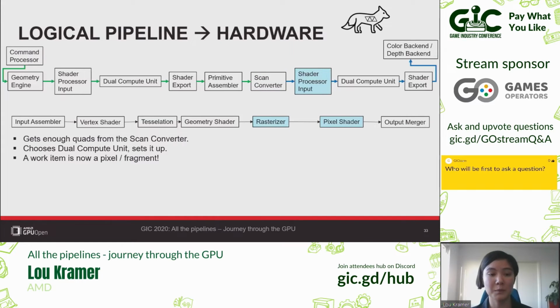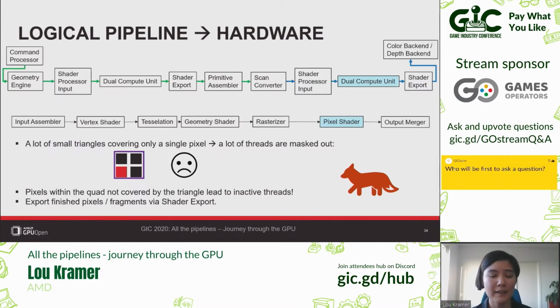So the shader processor input receives the quads from the scan converter, and then it chooses a dual compute unit and sets it up again. It's the same process as for the vertex shaders, and then it kicks off the work. And as I just said, since we are sending quads over, it's important that you don't have too many small triangles.